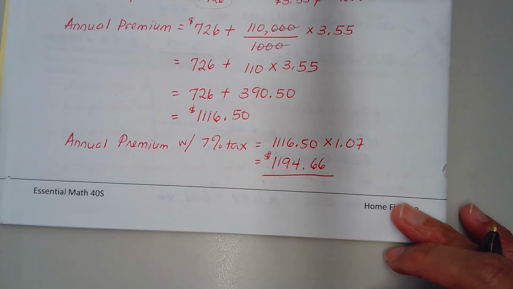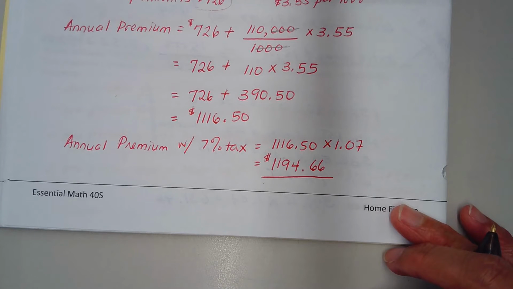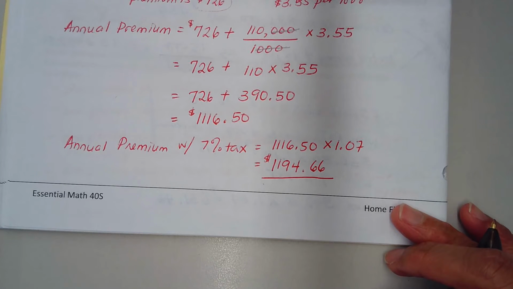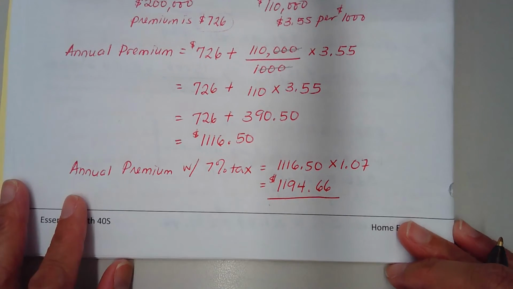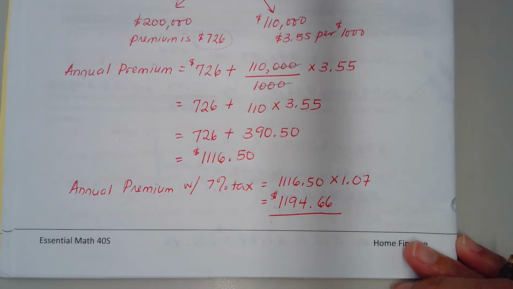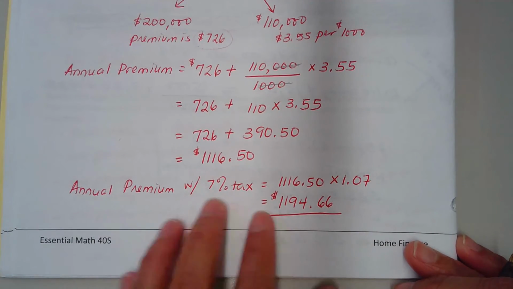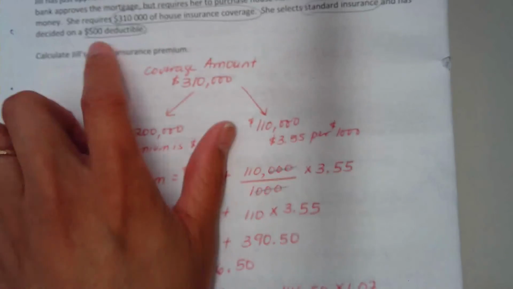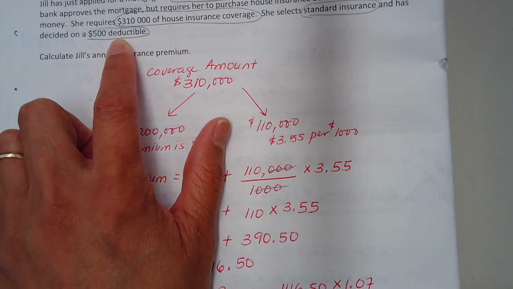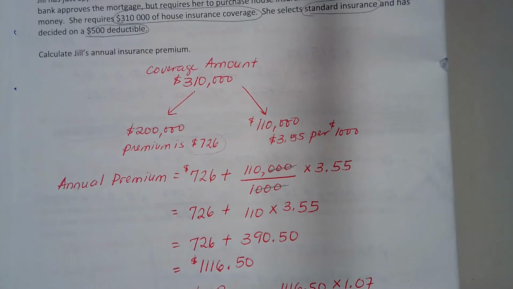Now I skipped this one here, and I should have said something earlier. We have a $500 deductible. What does that mean? If there is a claim, there's $500 that you have to put in. And what about for the premium? Okay, so it's a $500 deductible, meaning that there's no 10% increase.